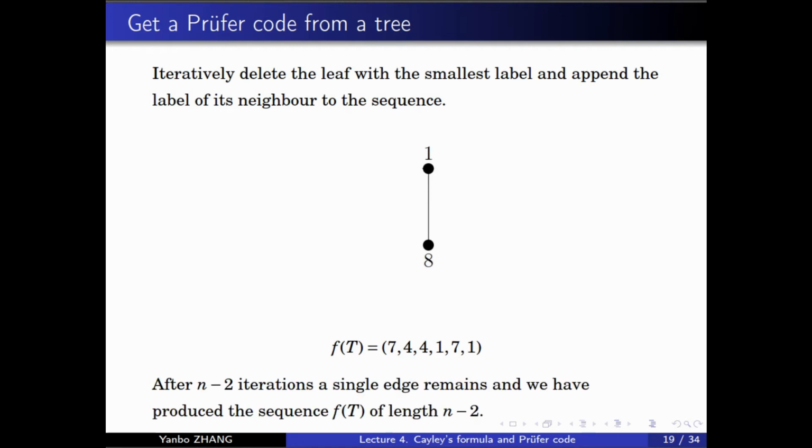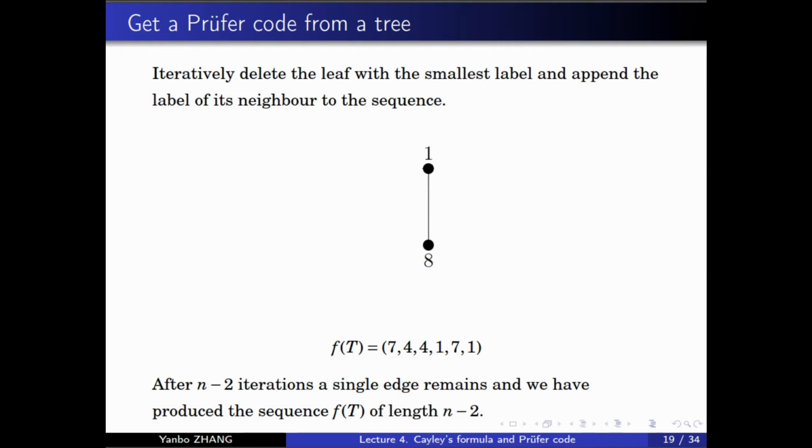Now what do we do? Do we keep finding the smallest leaf? No, we don't, because we've gotten down to the point where our tree has only 2 vertices. It's K2. So at this point, we just stop.